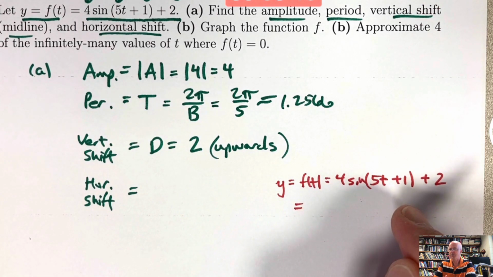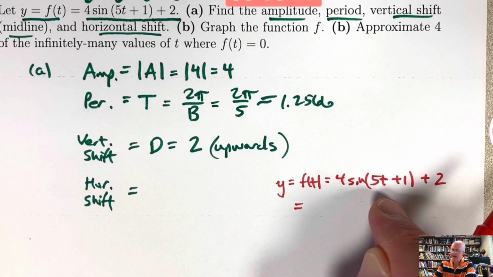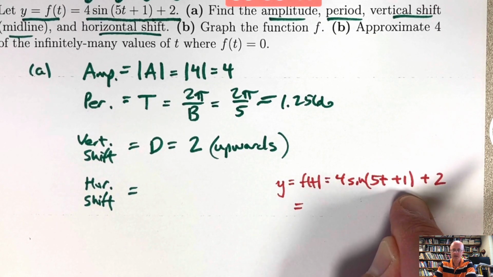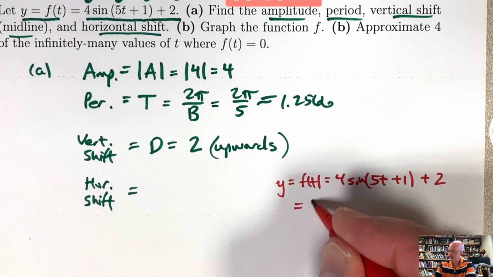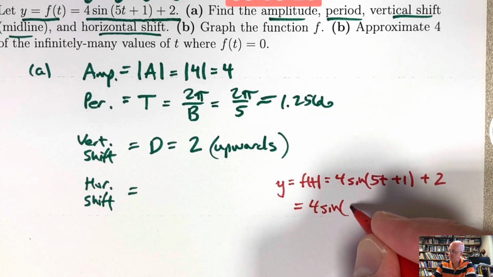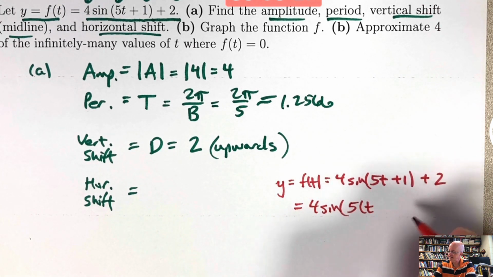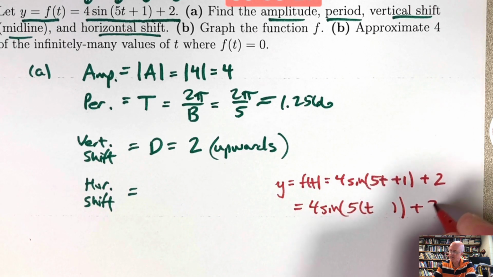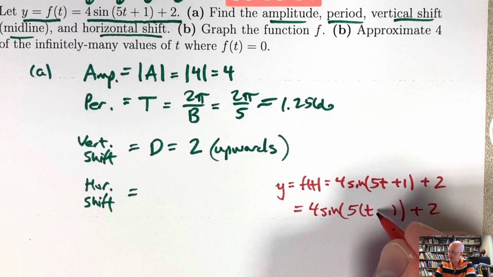You have to ask yourself, what do you need to replace t with in that function to get a 5t plus 1 right there? The way to figure that out is to factor out whatever that coefficient of t is out of both terms inside the parentheses. Be careful, don't make a mistake, it's a little tricky.